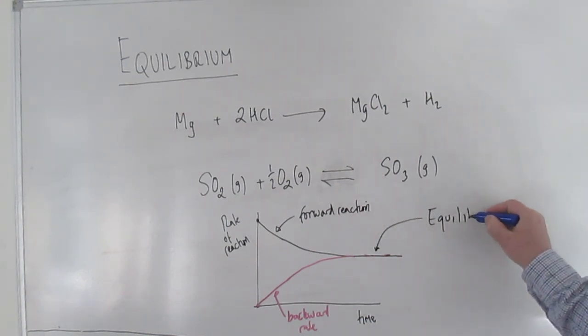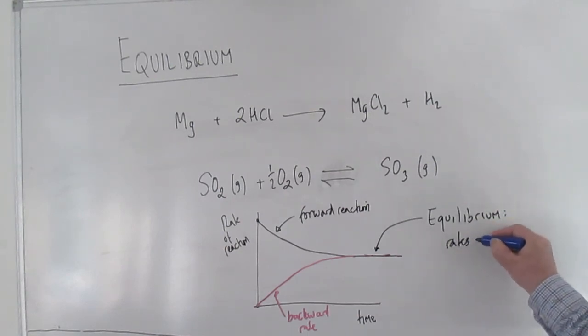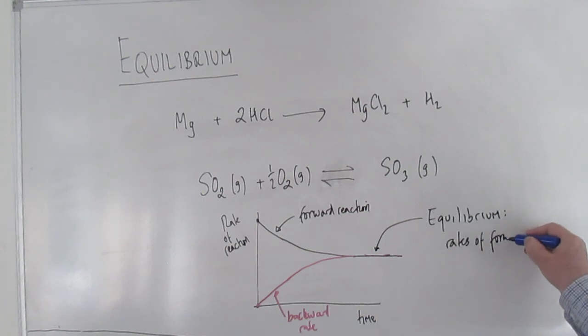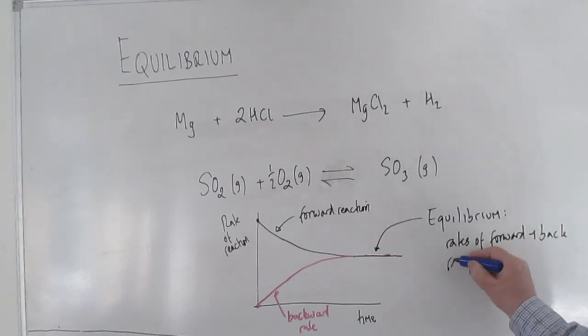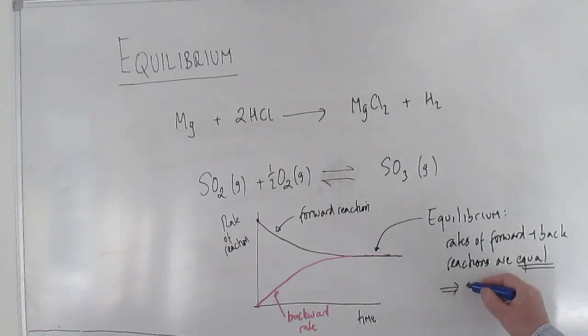So this is equilibrium, and it means that the rates of the forward and back reactions are equal. And the consequence of them being equal is that the concentrations become constant.